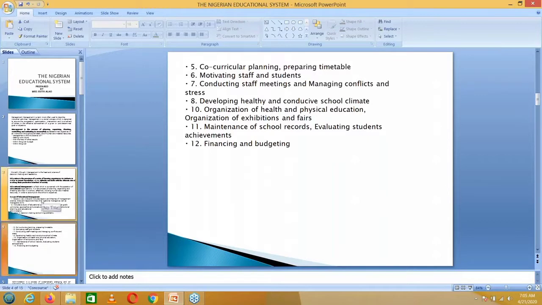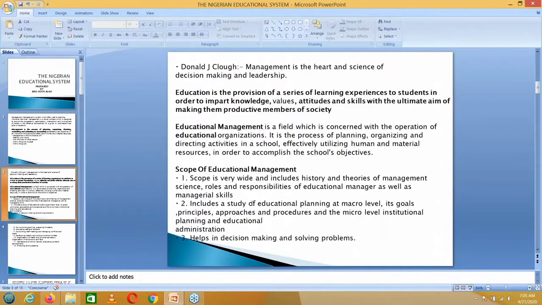All these scopes are the work of the school administrator. The school administrator is supposed to have different skills in achieving the scope of the educational system or the objectives of the school itself.